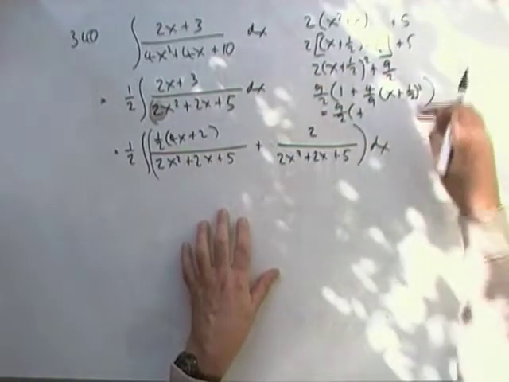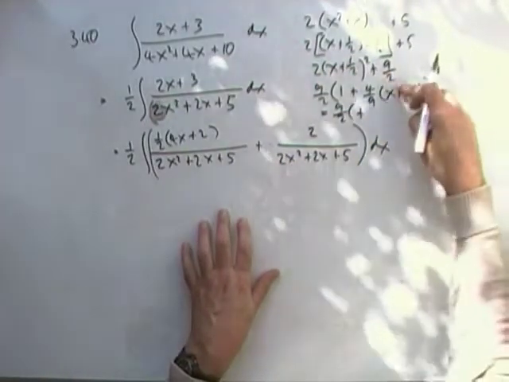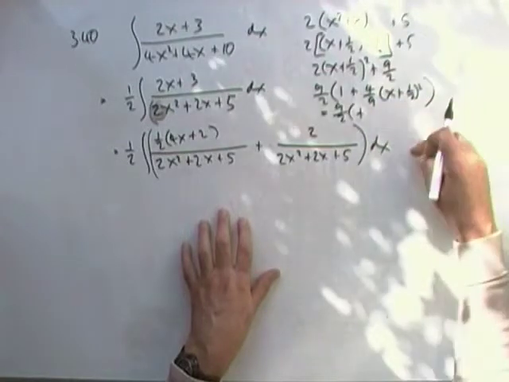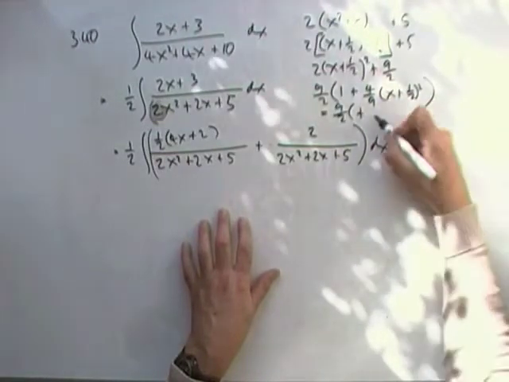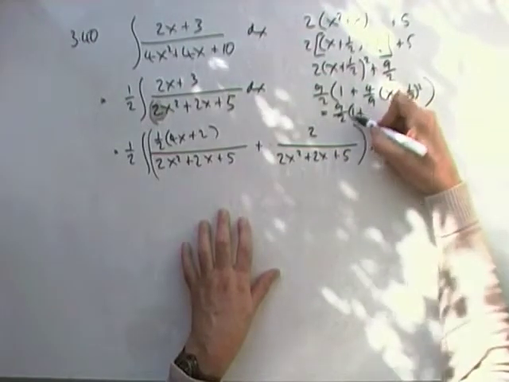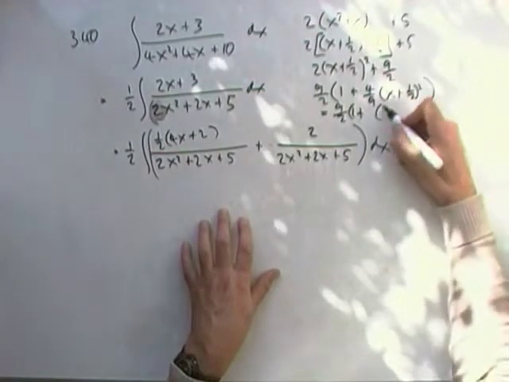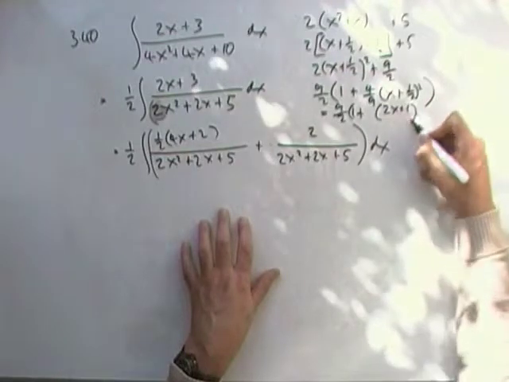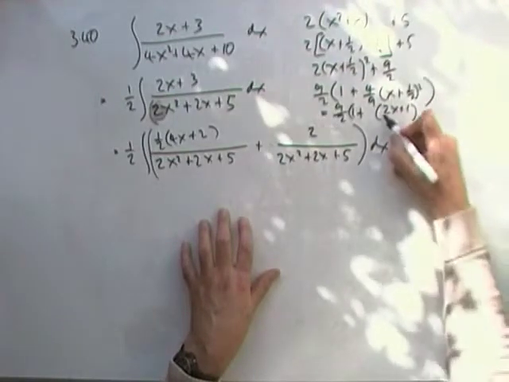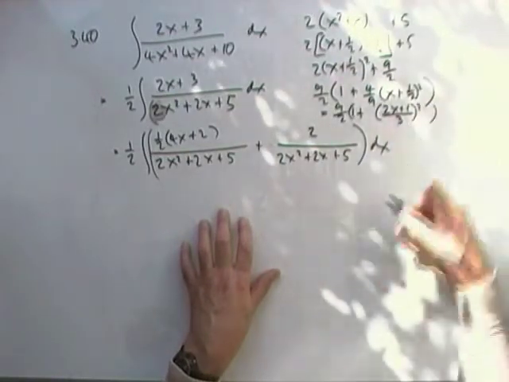Well, 4 goes inside the square as a 2, and a 9 goes inside the square as a 3, because that's 3 squared. So I've got 2x plus 1, and then the 9 goes in as 3 squared.